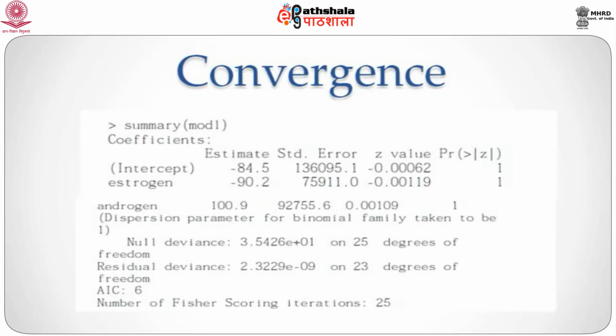Nevertheless, if we run the summary function on the model, we will get some outcomes, which is basically the outcome at the last iteration. So we should be wary and we should check whether or not the algorithm has converged before looking at such output.